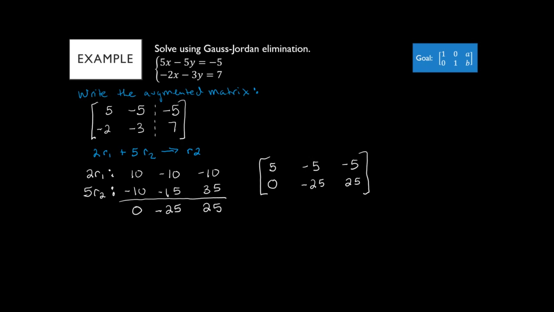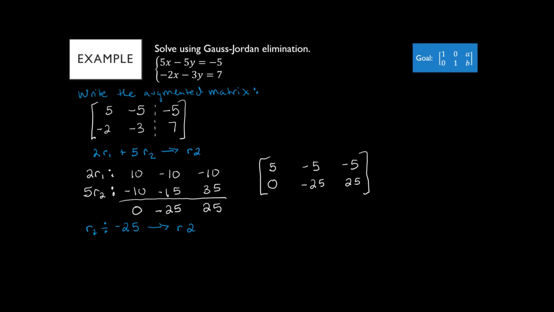And the next thing I want to do is get the 1 in the second column for the second row. That negative 25 needs to become a 1. So I basically need to divide row 2 by negative 25, and I'm going to replace row 2 with that.